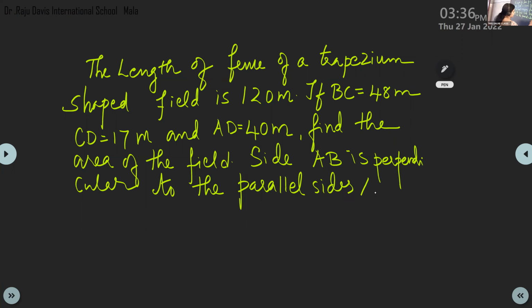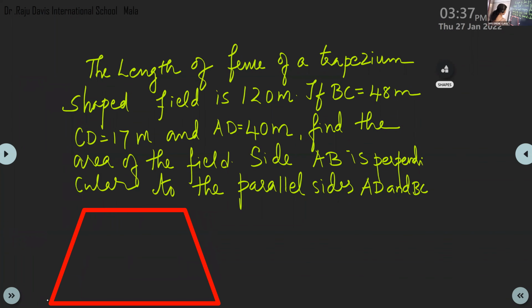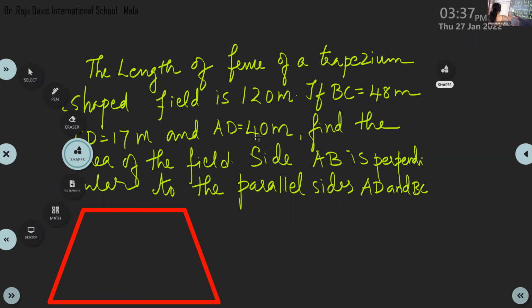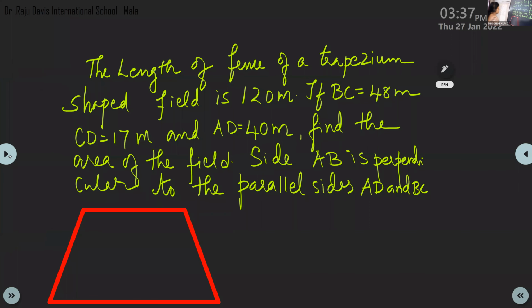Now, what is it? The length of the fence of a trapezium shaped field is 120 meter. So there is a trapezium shaped field. Let us take a trapezium shape. Children, a trapezium shaped field is there. What is given?